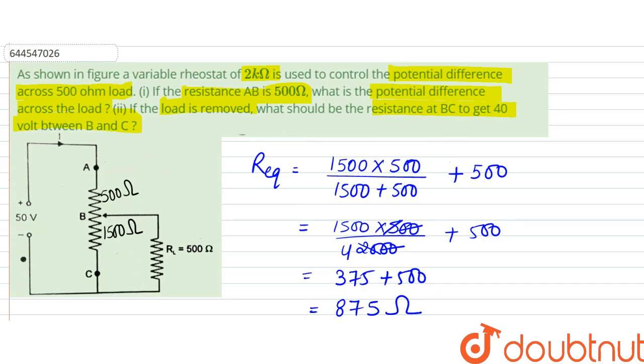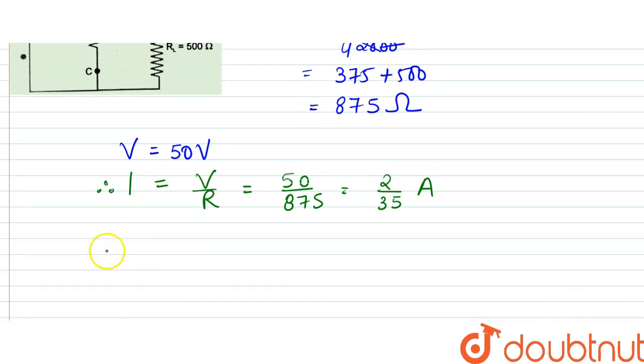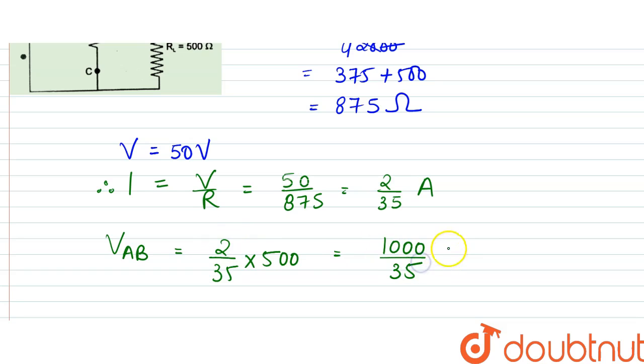That is the current. So the first question is we have to find the potential difference across the load. The potential difference across AB would be equal to the current 2 by 35 into 500. That turns out to be 1000 by 35, which is 200 by 7 volts.